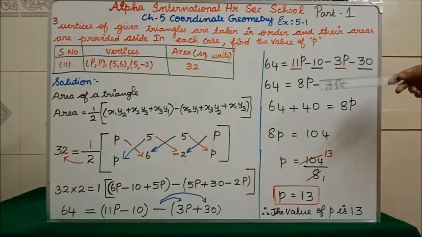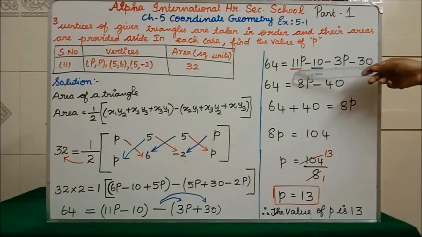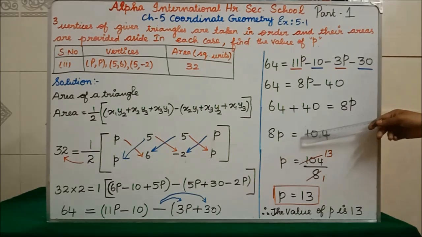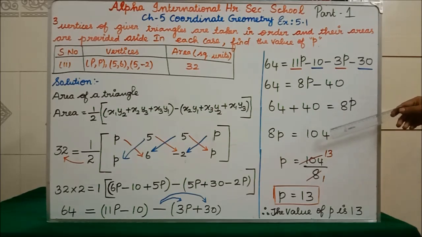Clear? 64 is equal to, here I have underlined in red. These two are like terms and these two are like terms. 11p minus 3p is what? 11 minus 3 is 8p. Minus 10 minus 30 is minus 40. Clear? 64, then minus 40 if it comes to this side it will become positive 40 is equal to 8p. 8p is equal to 64 plus 40 is 104.